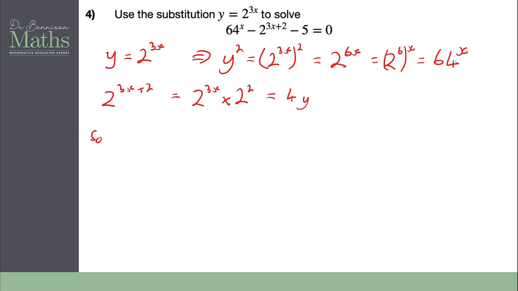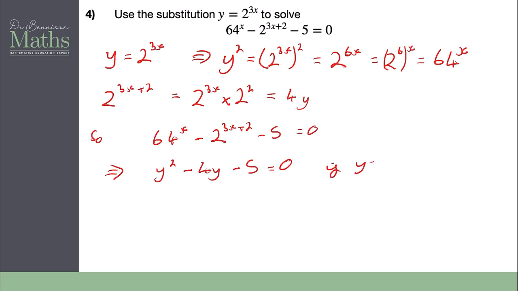So that now means that 64 to the x minus 2 to the power 3x plus 2 minus 5 equals 0 is the same as writing y squared minus 4y minus 5 equals 0, if y is equal to 2 to the 3x.